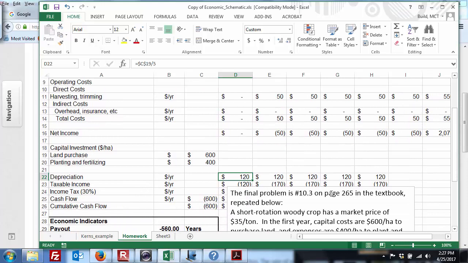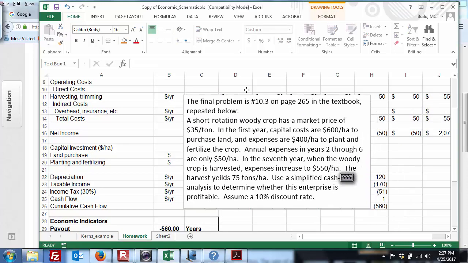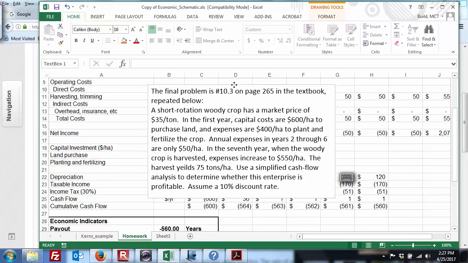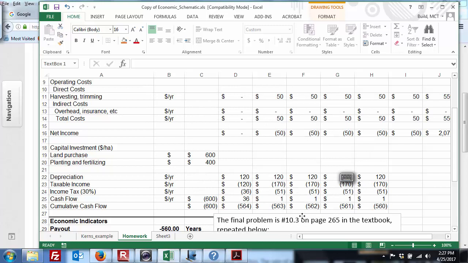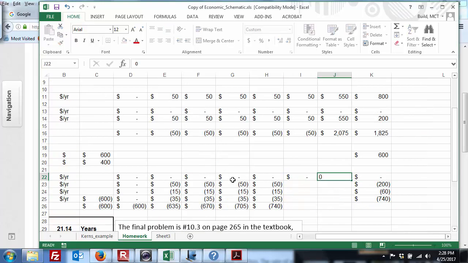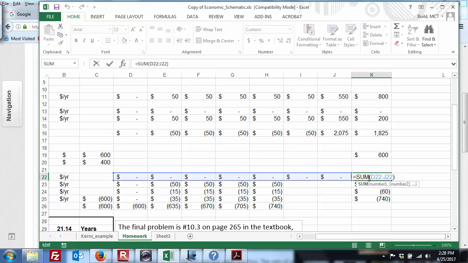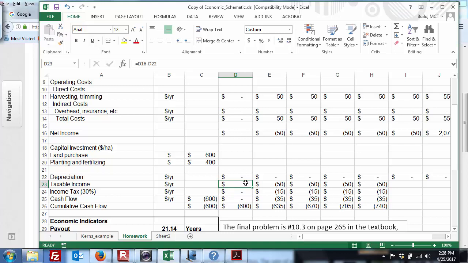There's no depreciation in this one, is there? Didn't say anything. Okay, no depreciation. No taxes.